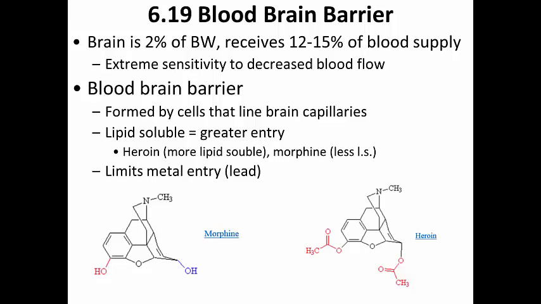And so it makes its way across the blood-brain barrier much more rapidly and therefore has a much more rapid impact on physiology than does morphine. But we do see that under ideal conditions, the blood-brain barrier prevents the entry of most toxins. Metals, such as lead, for instance, are nearly entirely excluded from the brain as a result of this blood-brain barrier.